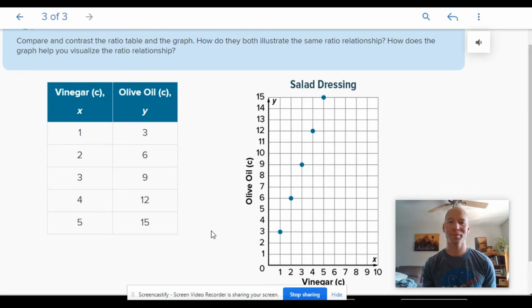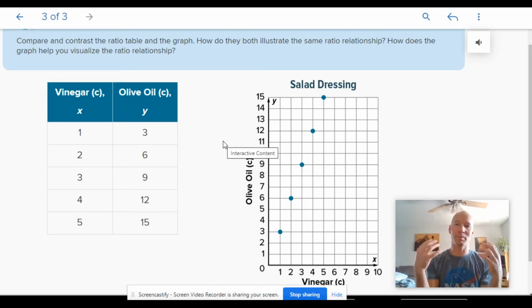Let me think about that, and maybe talk to your parents, talk to your brother, talk to a sister. How does this graph right here help you to visualize what you see in the table over here? Because getting a visual is so important in math that we can understand things visually.